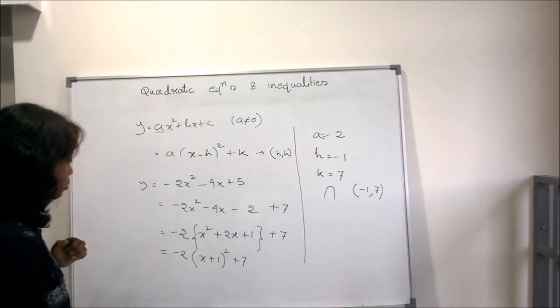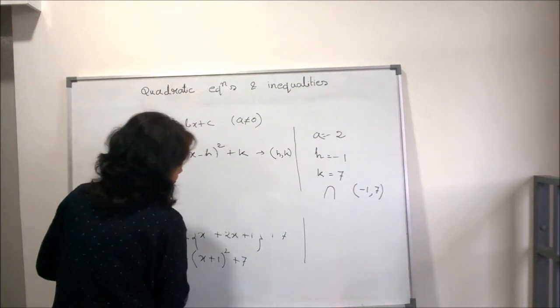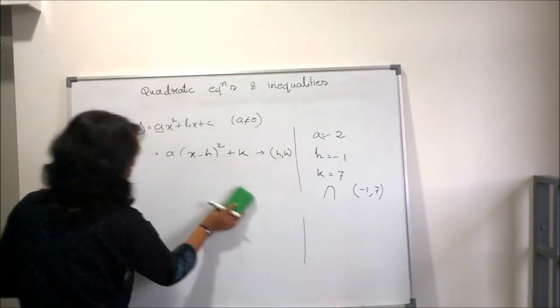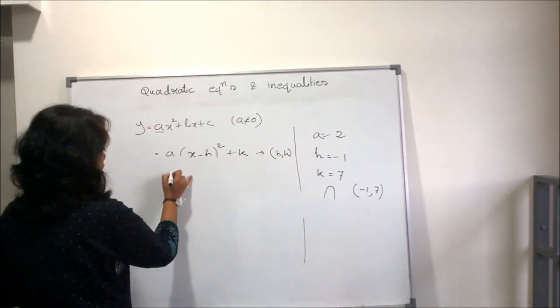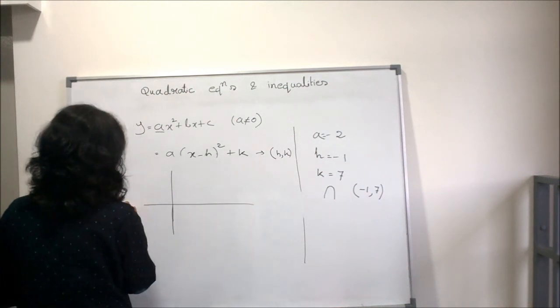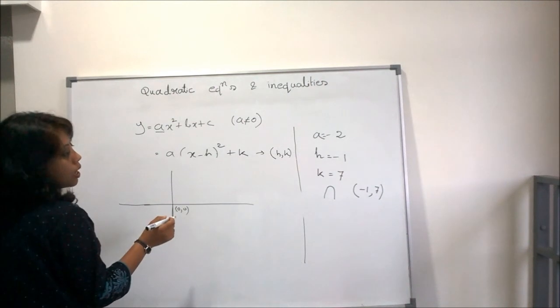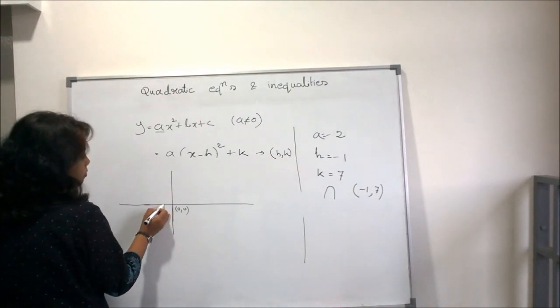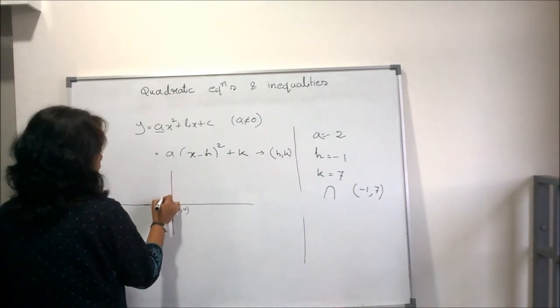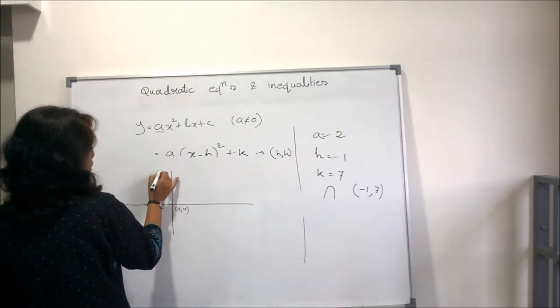Okay. So our graph will be of this form. This is (0, 0). So (minus 1, 7): 1, 2, 3, 4, 5, 6, 7.